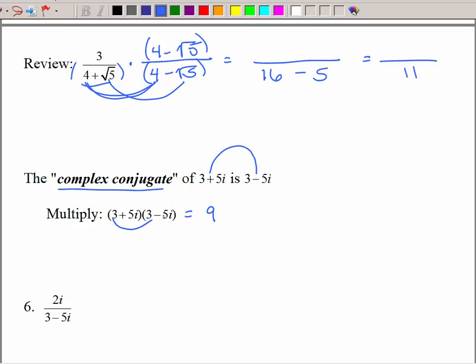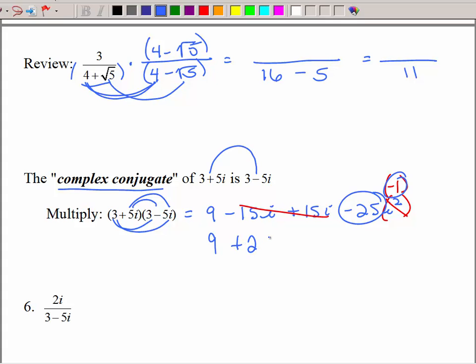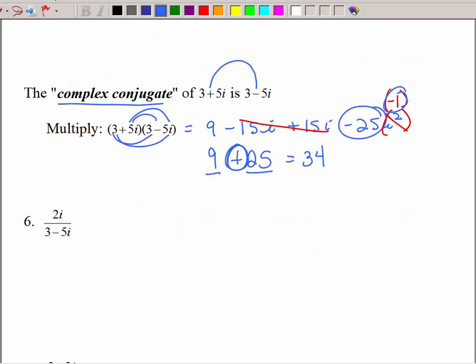We would FOIL, and of course the middle terms canceled out just like before, but now we have that i squared that we replace with -1, and so we have 9 not minus 25 but plus 25. So when we multiply conjugates, we're going to square the first term, square the last term, but you're going to end up adding. So let's look at problem 6.